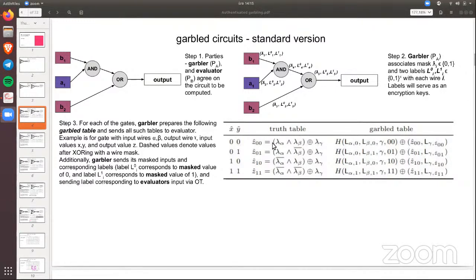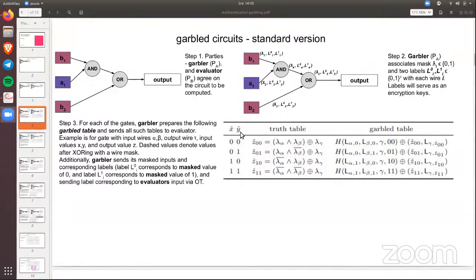This is a pretty tricky way to write the truth table, but it's going to be useful, we'll see in a few slides why we write it like that. If both of the masked values are 0, then how to compute the masked output value? This is for the AND gate. What we do is we take the AND of the two masks and XOR it with the mask for the output wire.